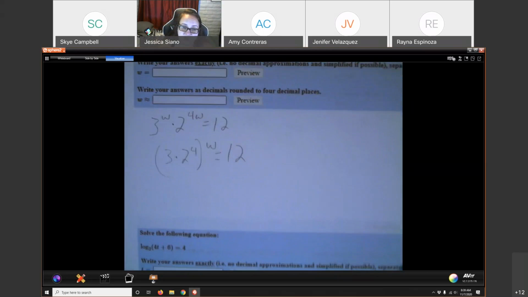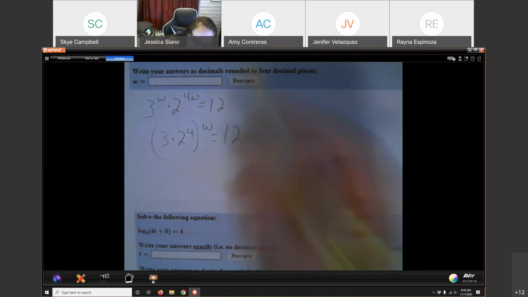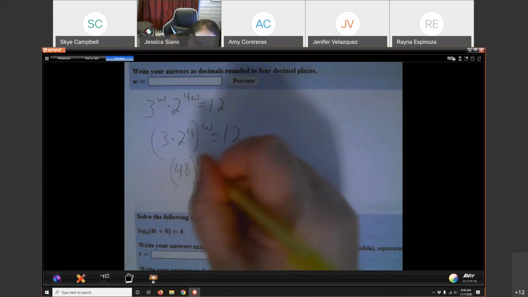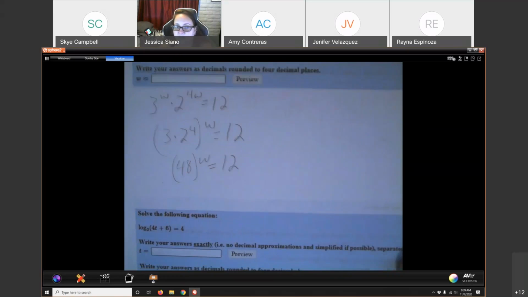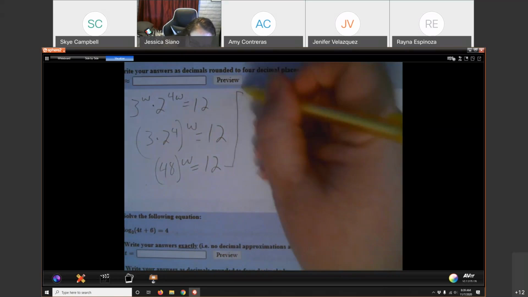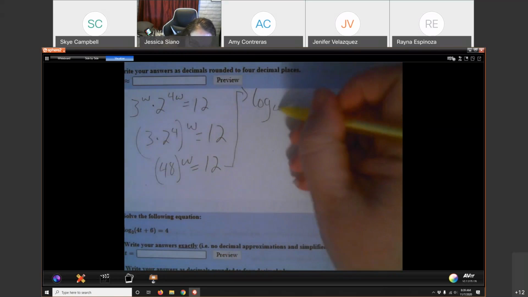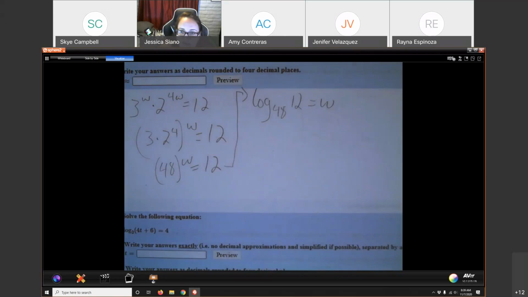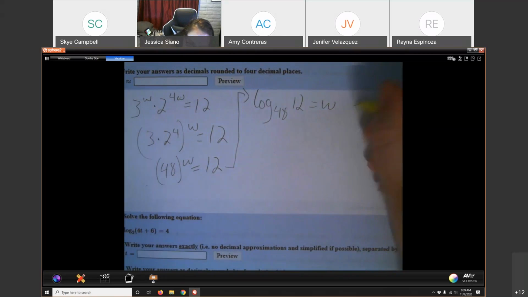Now, what is 3 times 2 to the 4? Well, 2 to the 4 is 16 times 3 is 48. So we have 48 to the w equals 12. We'll turn that into a log. Log with base 48 of 12 equals w. And that is my exact answer.